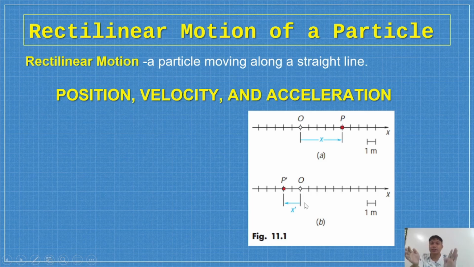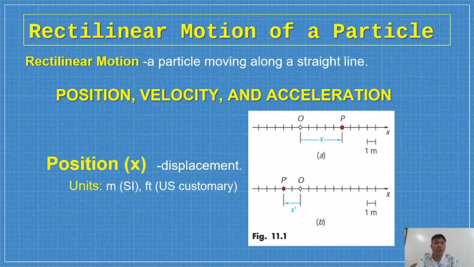The x, or the distance that has the correct sign, we can call a position coordinate. This position will have a unit of meter when we talk about SI units, and for the US customary, we'll have feet.